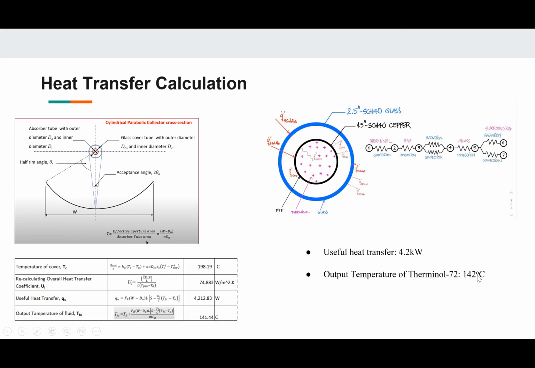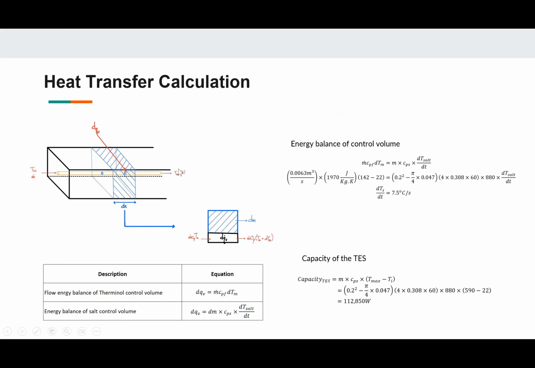And by considering the small divisions of the control volumes when the Therminol goes through the pipe of the TES, I stated here the balance equations, and I use these two equations to determine the energy balance. The temperature increase of the salt when the Therminol goes through the TES is about 7.5 Celsius degrees per second.